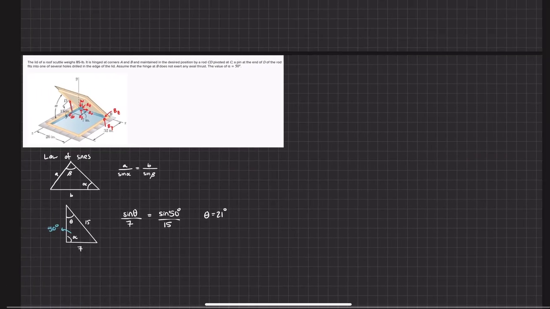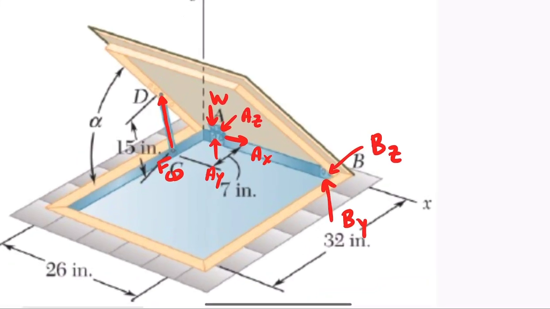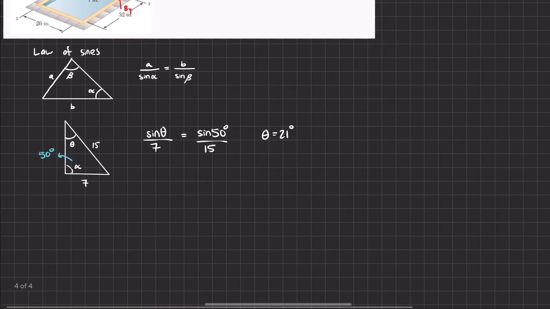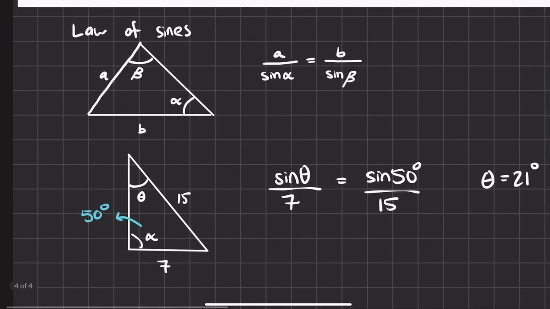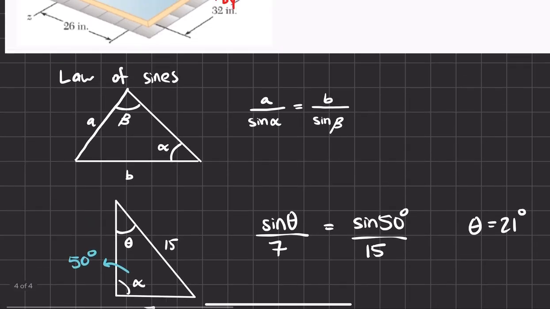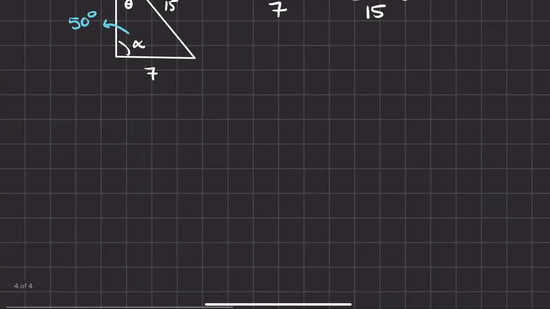Then we want to find this angle from here to here. And we can do that by adding our 50 degrees plus this 21 degrees. Ignoring these variables right here that we haven't used in our problem, we'll call it omega, and we'll say our omega is equal to 21 degrees plus 50 degrees, which is equal to 71.